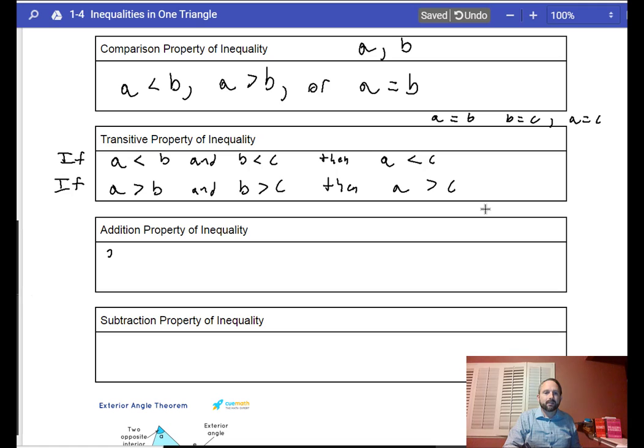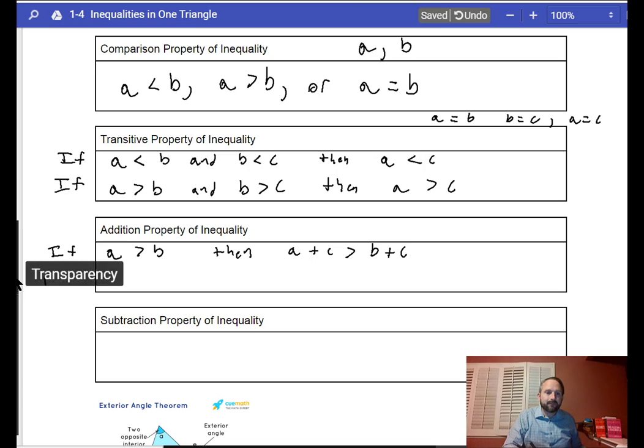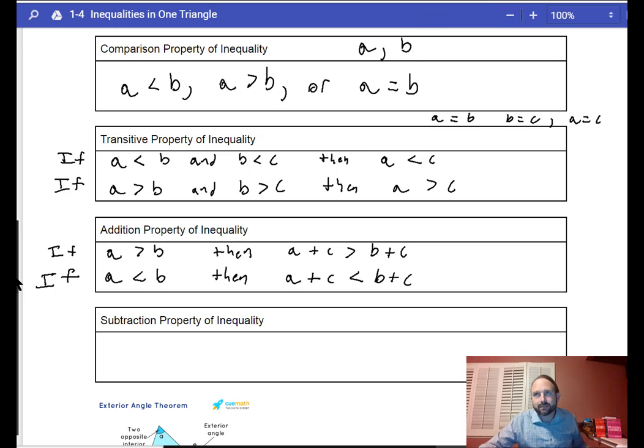If A is greater than B, and we add the same number to A as we add to B, then A plus C will still be bigger than the quantity B plus C. If A is less than B, then A plus C will still be less than B plus C. If you add the same number to both sides, it's not going to make one side bigger than the other side all of a sudden. Life doesn't work like that.